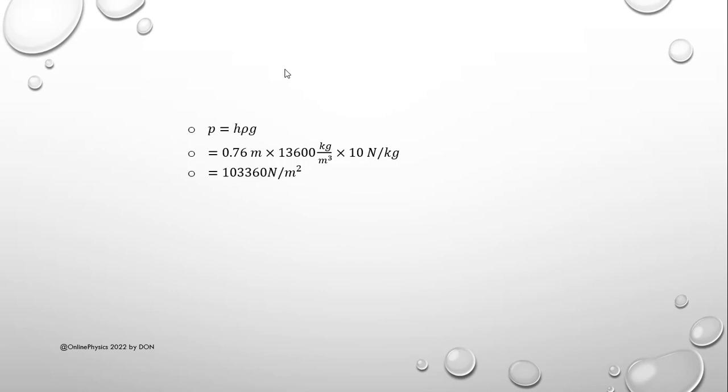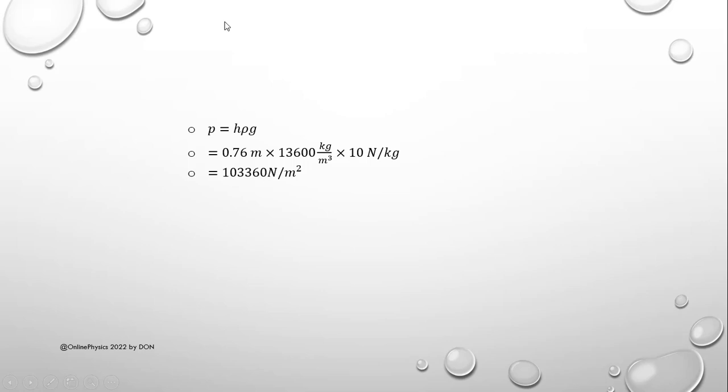Then moving further, you've seen why dams have thicker walls at the bottom as compared to at the top. That is because of pressure differences. At the bottom, we have a higher pressure being exerted. Therefore, to avoid destruction, we make thicker walls at the bottom.